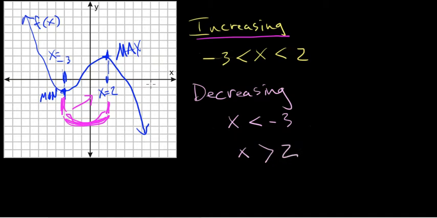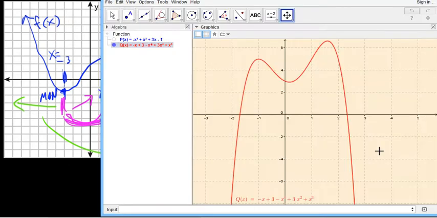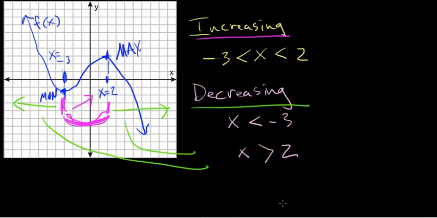So these two intervals described here, from here to here and from here out to here, are the ones where it is decreasing. I'm hoping you understand what I'm talking about, because we're going to go on to the next one, and that is an example of what we're talking about.